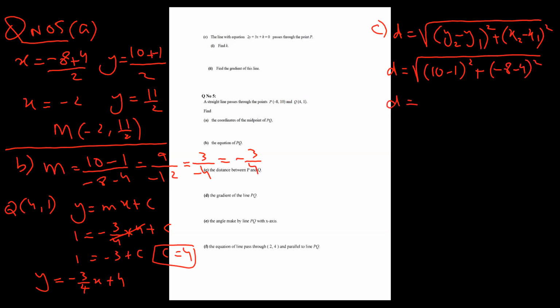Ultimately, I got 9, 9 square 81. This is 12, so 144. It becomes 225, 15 square. So the square root of 225 is 15 units.